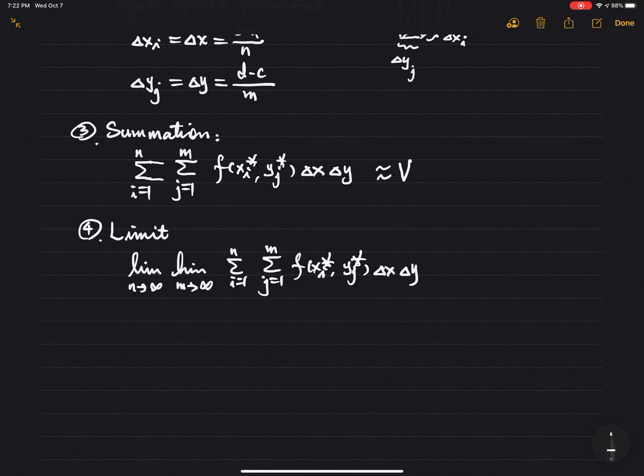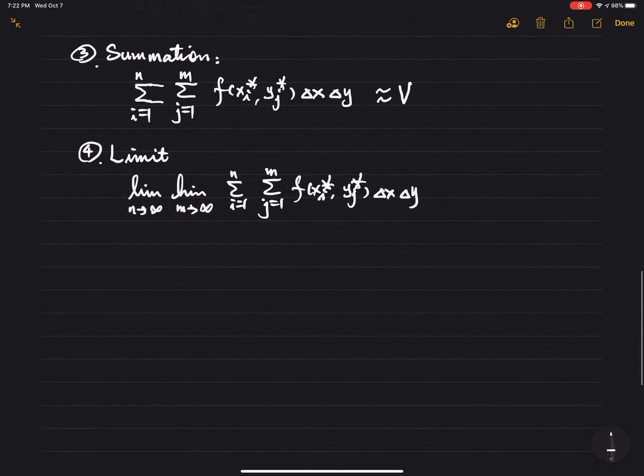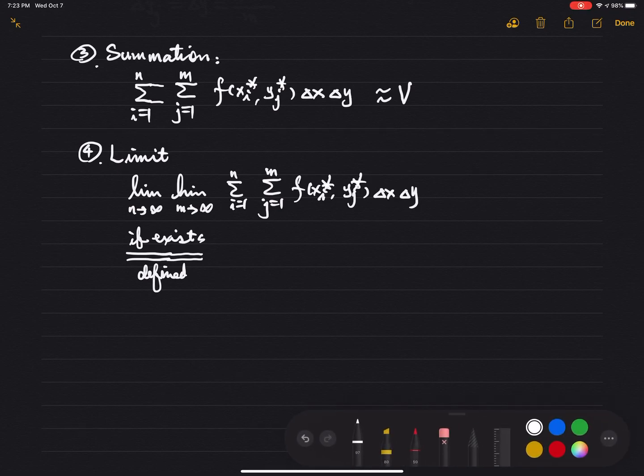Now this limit may or may not exist. If it does not exist, we say the function is not integrable. If the limit exists, same as before, then we define this limit as this.